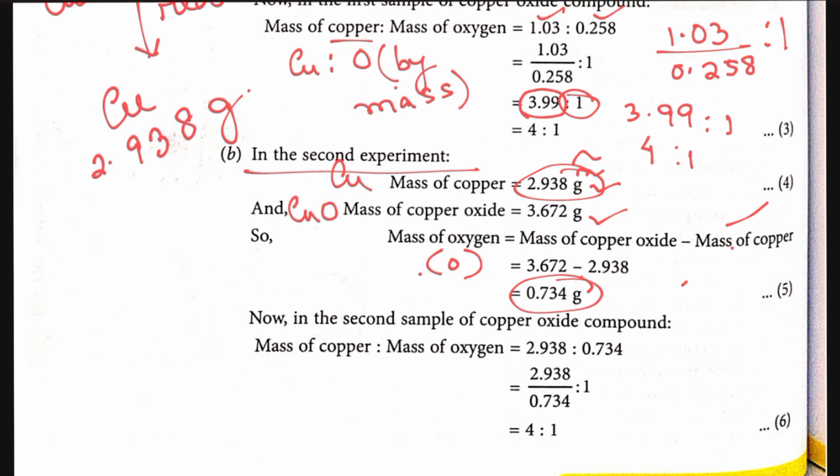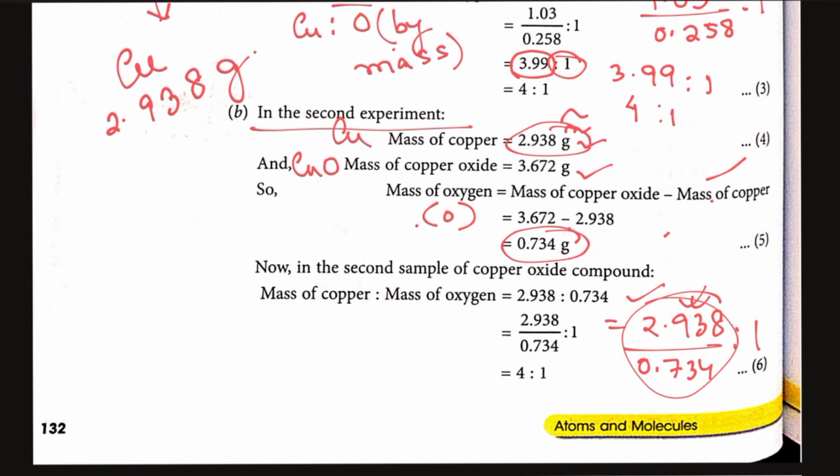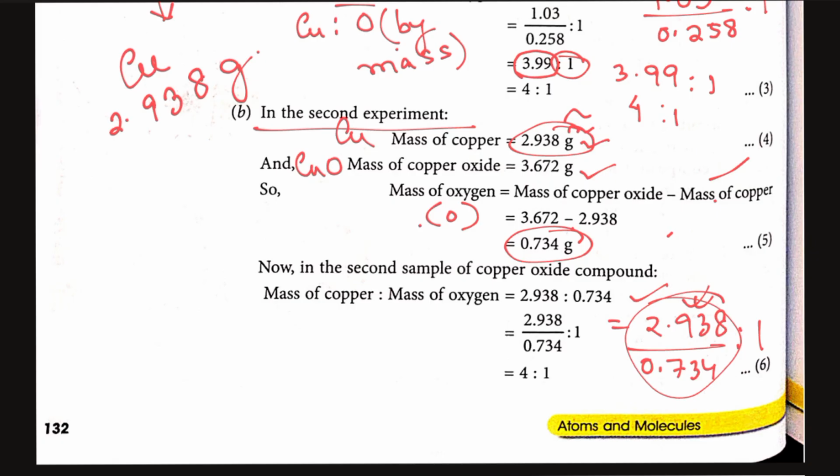So the ratio is 2.938 is to 0.734. Do the same thing: 2.938 divided by 0.734 is to 1. When you do this division, you will get 4 is to 1 again. It comes to 4.002, so it can be written as 4 only.